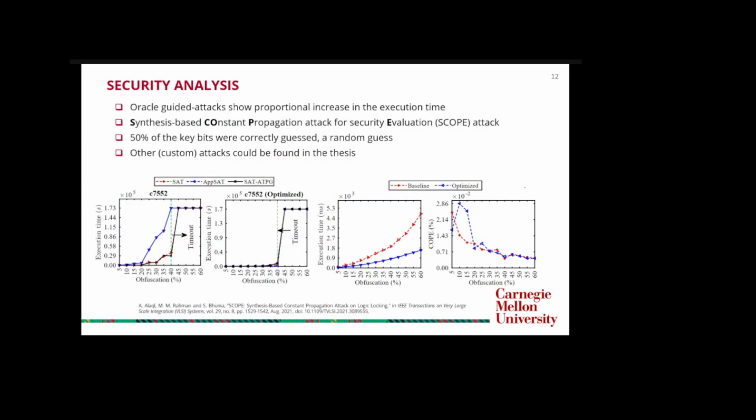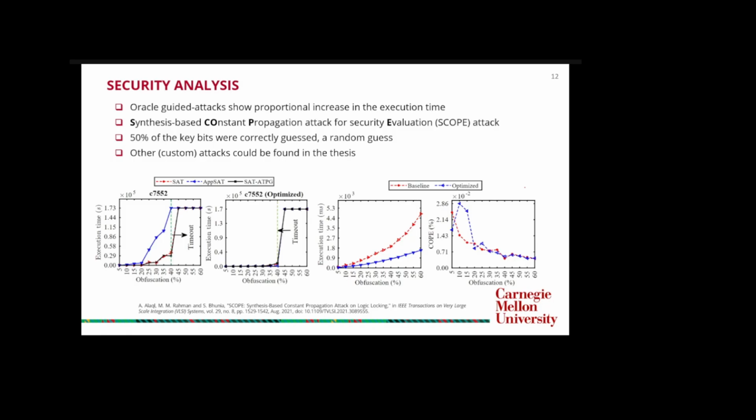Once we have this obfuscated design, we need to perform some security analysis to ensure that the design is secure against state-of-the-art attacks, right? As we studied in the last lecture, we have two different types of attacks.